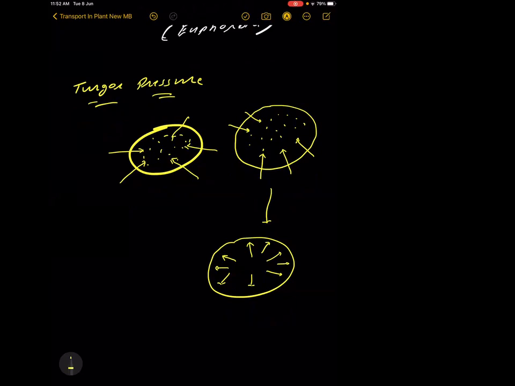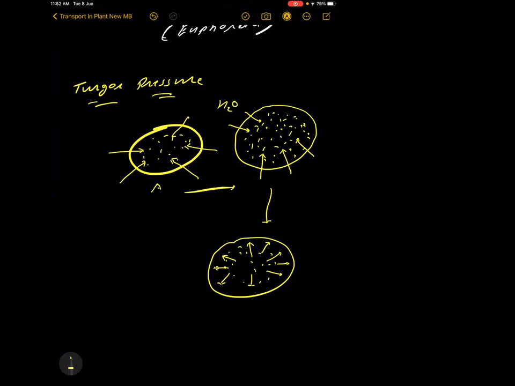This is cytoplasm. The cell is not an empty cell, it has cytoplasm. Now water enters the cell. Obviously this is the first size, this is the second size.